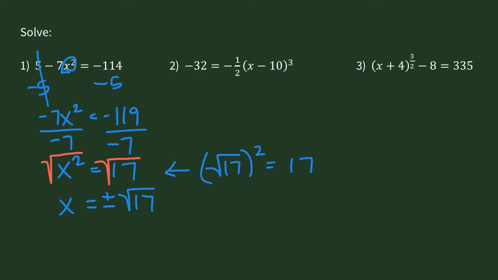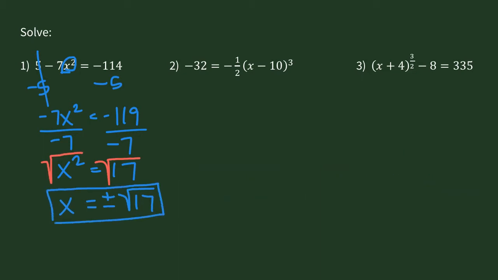Because if you take a square root and square it, they cancel each other out. We get 17. Or if I plug in negative square root of 17 and square it, I still get positive 17 because when you square a negative, that means you have a negative times a negative. You just get positive. So we don't know if the original number was positive or negative. When we're taking a square root, we put a plus or minus in front of our answer.